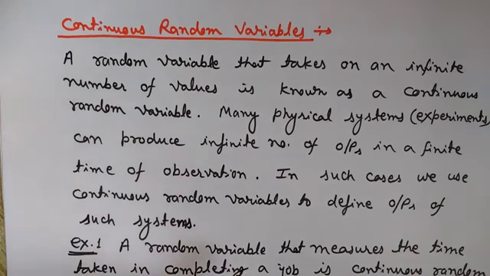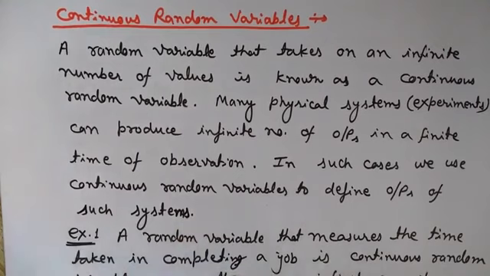Okay, so here we will see two examples. Suppose somebody wants to perform a job, then he can complete this job in different time intervals. Suppose I want to fill a tank, then somebody can take 2 hours to fill that tank, and even the same person can fill this tank in different time intervals.